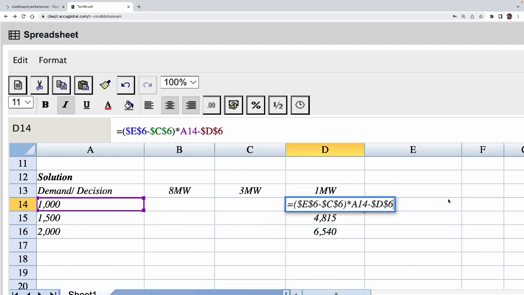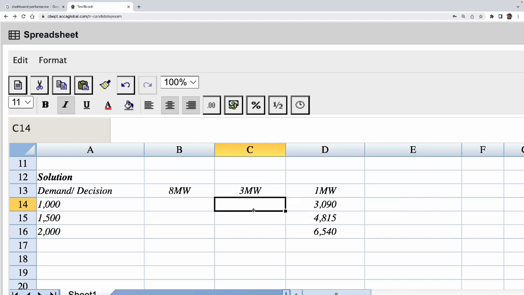I locked these numbers. Are you okay? The only thing that I didn't lock was the demand reference. Everything else can lock already.